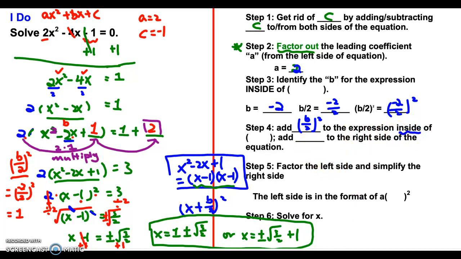But for the right side, we don't just add b over 2 squared. We are adding a times b over 2 squared. Like the purple one, look, we multiply the b over 2 squared with the leading coefficient. That's how you get the number 2 here. Take a look.